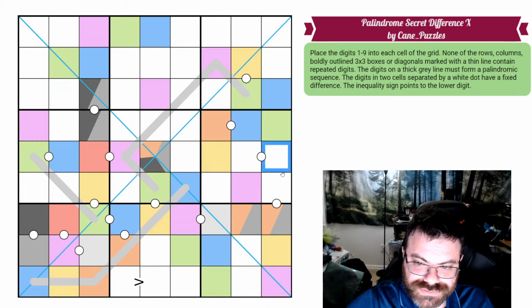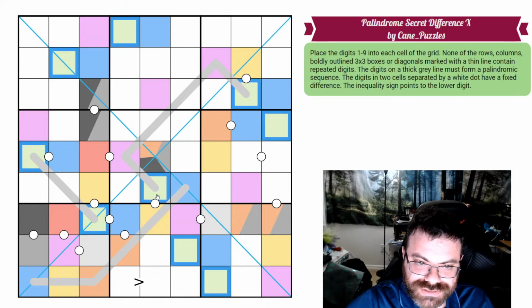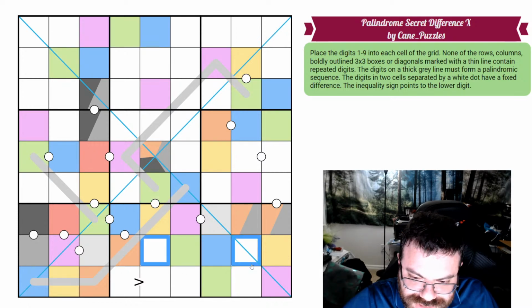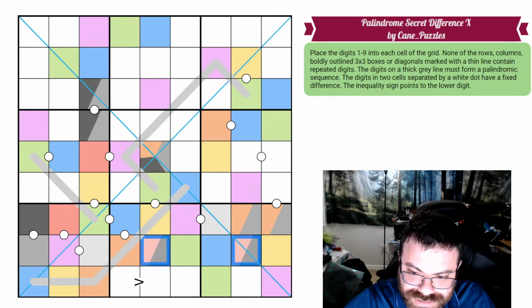But actually this one's green. And that finishes the greens, I think. Okay. What's left here? We need a black, and we have a blue, we have a yellow, we have an orange. We need a red. We need a red and a black.